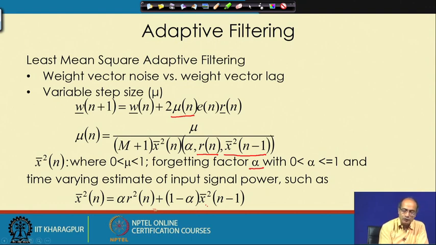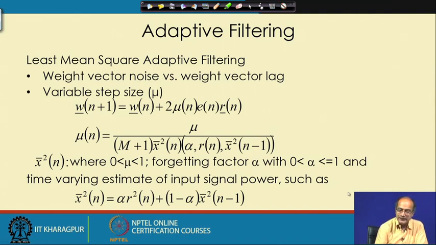That means it will smooth out the change in the instantaneous energy of the reference, and with the help of that we are updating the mu, and thereby we are able to optimize both the things that we would like to have: when the system is changing, less weight vector lag, and when it goes towards convergence, less weight vector noise.